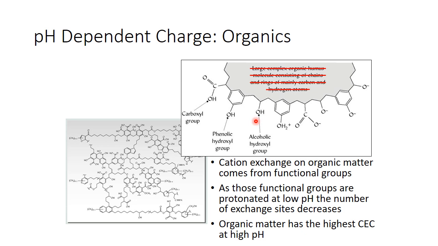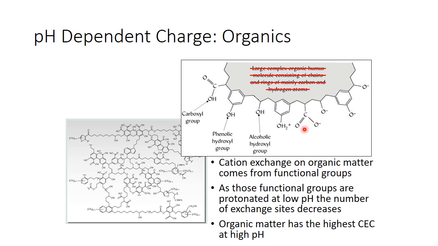And as we lime the soil and raise the pH, then those charges become available because these alcoholic groups and phenolic groups and carboxylic groups deprotonate, meaning they lose their hydrogen, and what's left behind is these oxygens with an extra negative charge waiting for the next cation to come along.